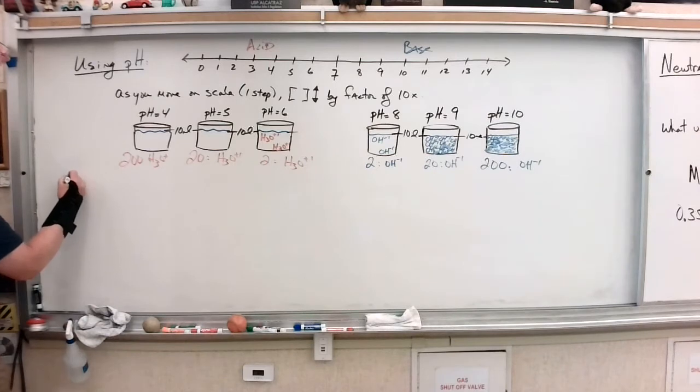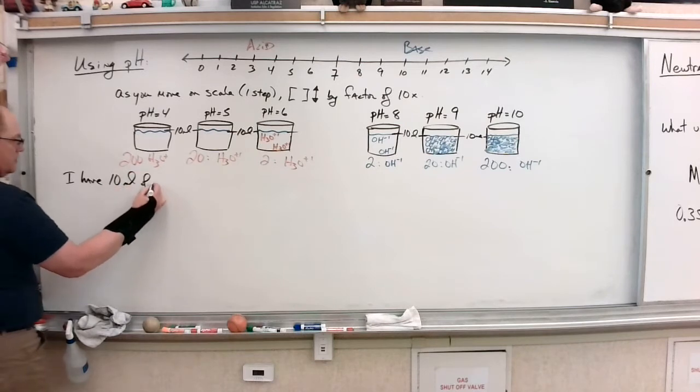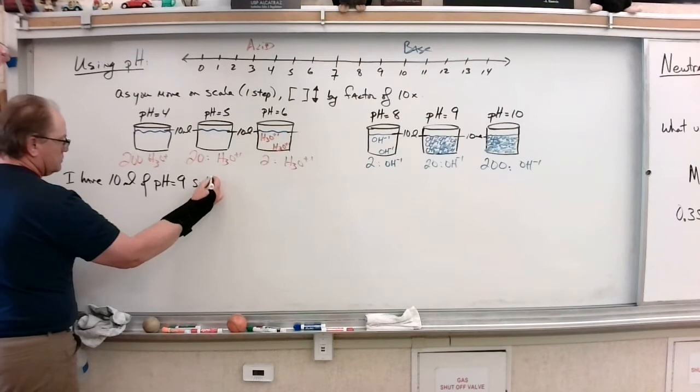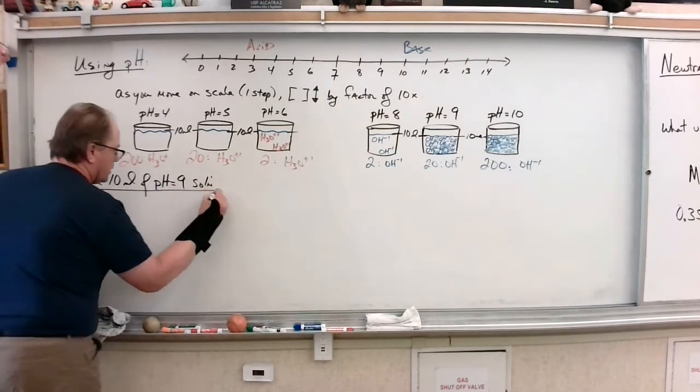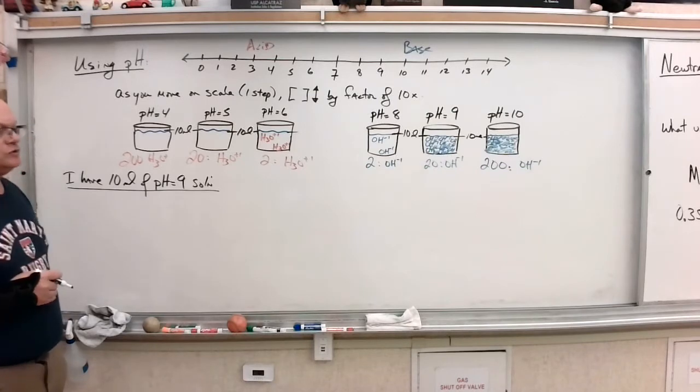So let's imagine that I have 10 milliliters of a pH 9 solution. That's what I have. I have 10 milliliters of a pH 9 solution.